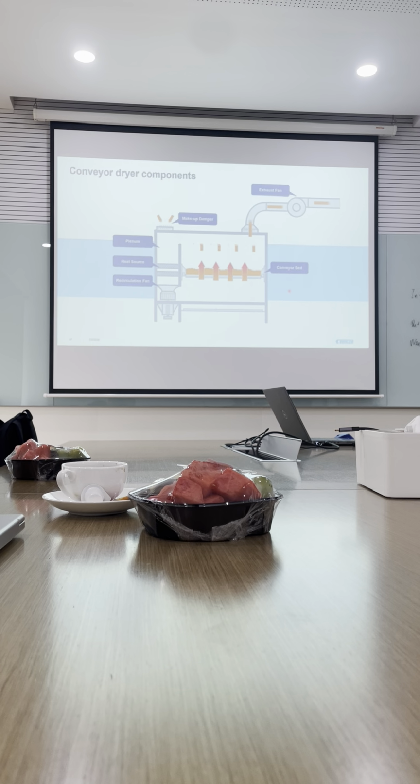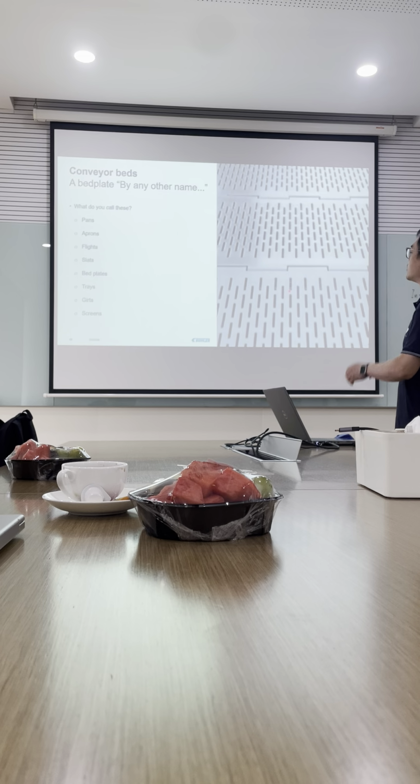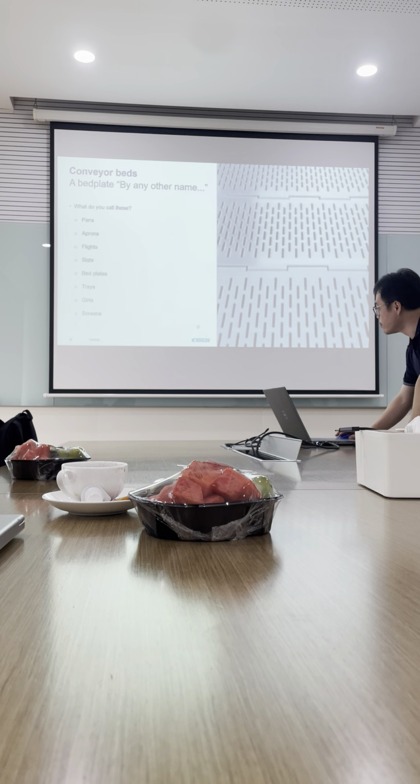This is to help us understand more clearly. A more important configuration inside the dryer is the bed plate. This is our normal name, but in some situations it may have other names.